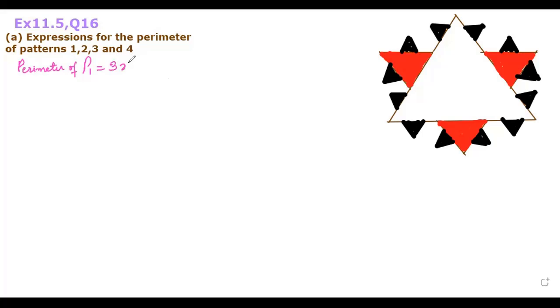Now, if we go for the perimeter of pattern 2, pattern 2, if you see here, is the white triangle plus the red triangles. So the perimeter will be the external boundary of this pattern.